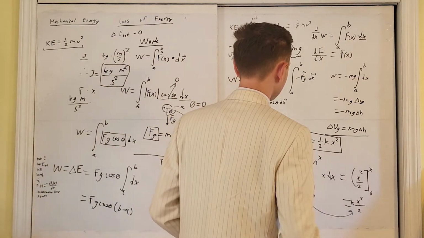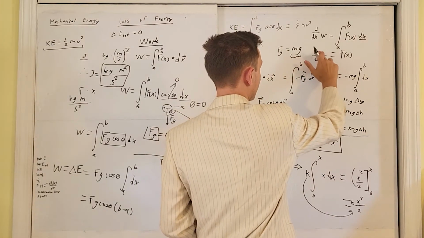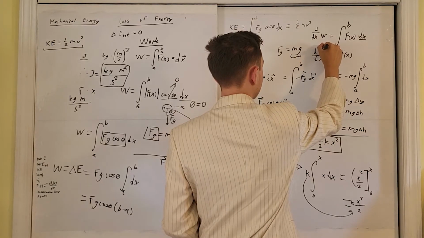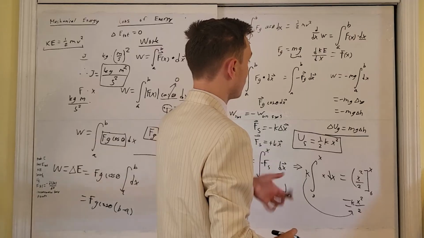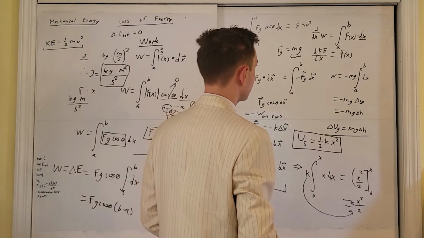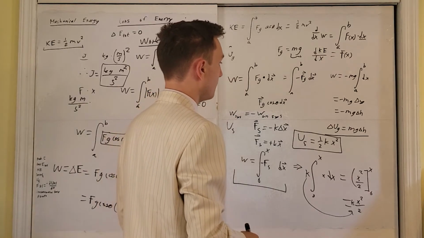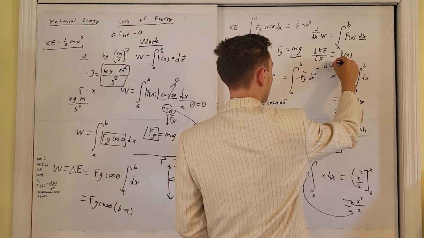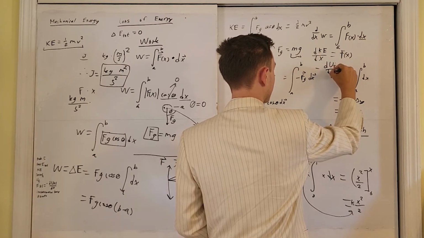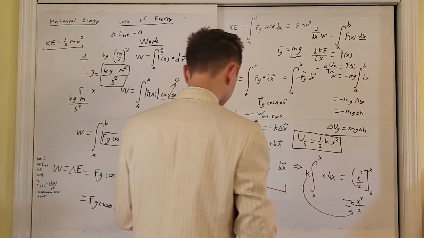So the change in kinetic energy of the system with respect to x is equal to the force applied on the system. Or we could interpret it in terms of the work done by the system, or the negative derivative of potential energy with respect to x equals the force applied to the system.